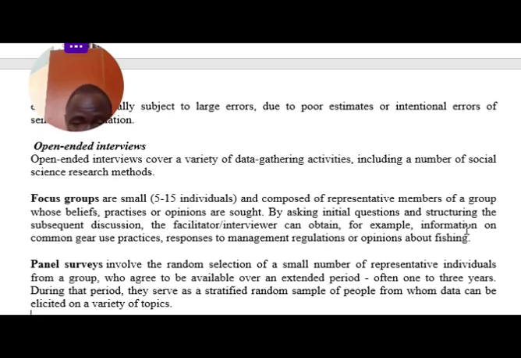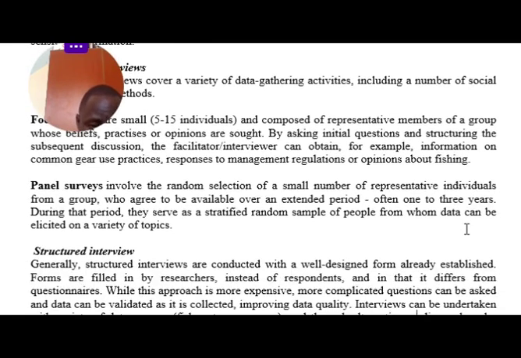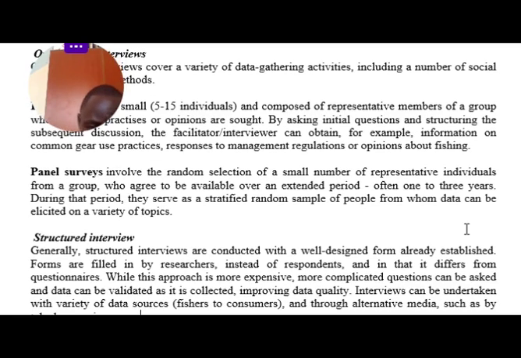This is composed of representative members of a group whose beliefs, practices, or opinions are being sought. Then the other one is the prior surveys. These involve random selection of a smaller number to represent all the individuals or a group of people. Then you have the structured interview.